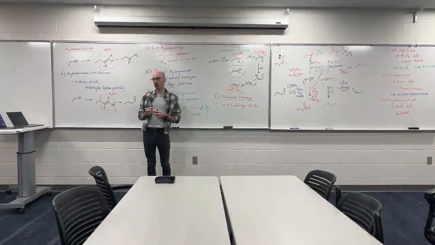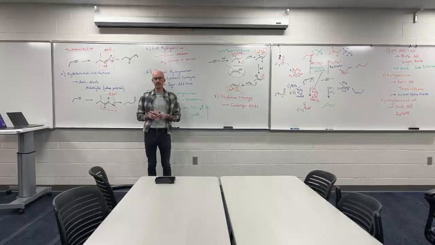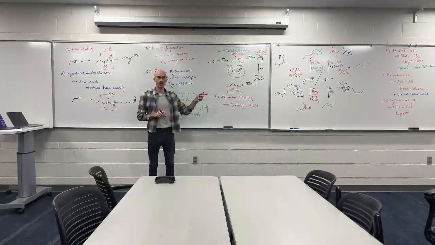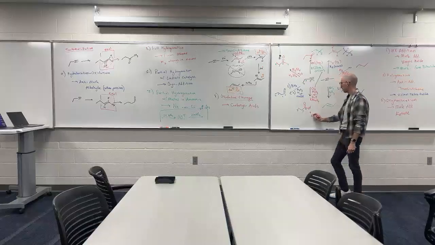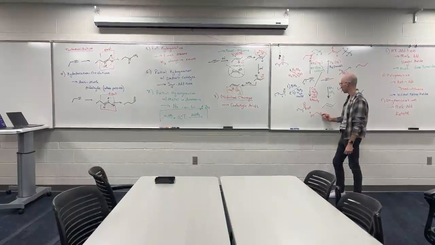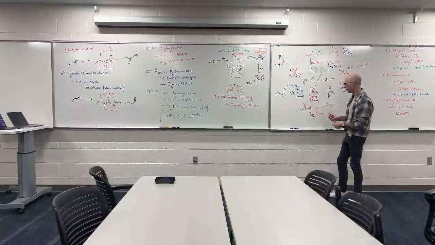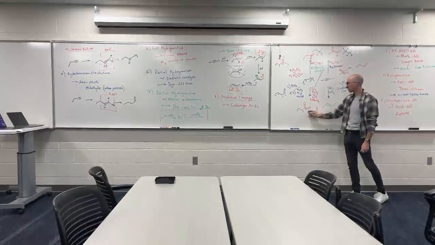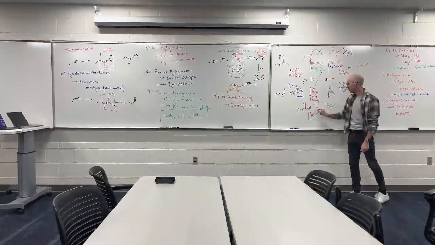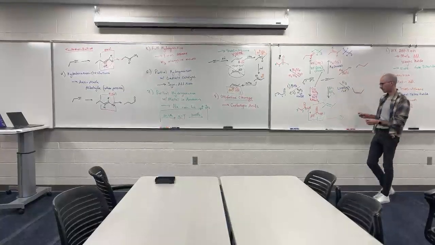Carbon 1 also becomes a carboxylic acid, but because carbon 1 also has a hydrogen, carbon 1 gets oxidized into a dicarboxylic acid, and this dicarboxylic acid is not very stable.